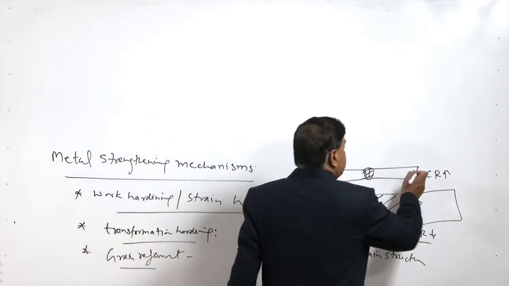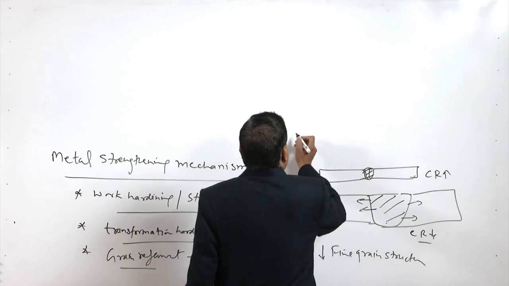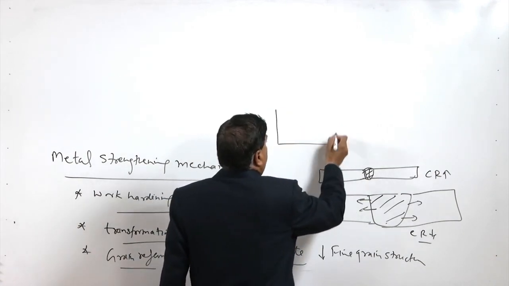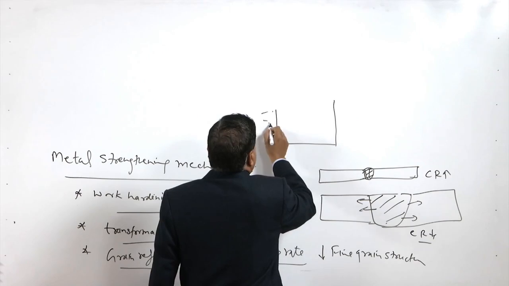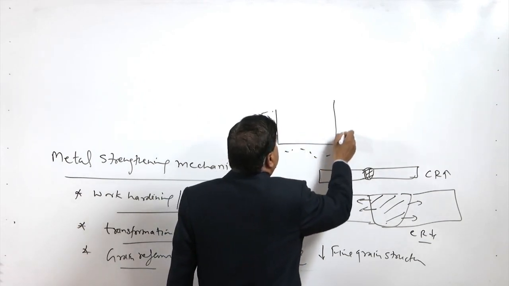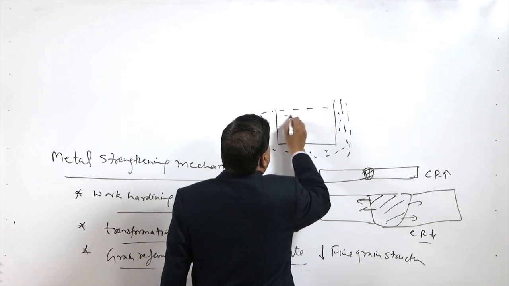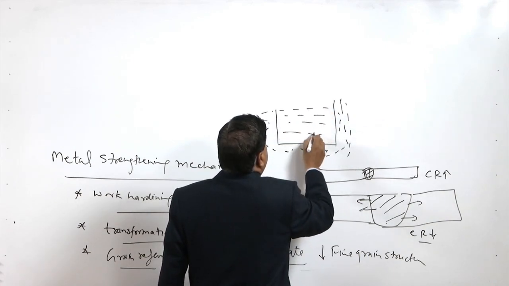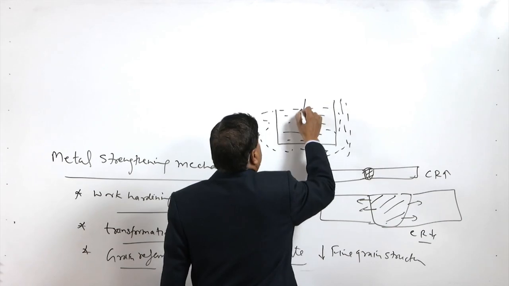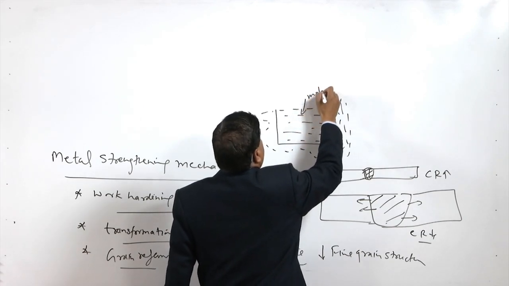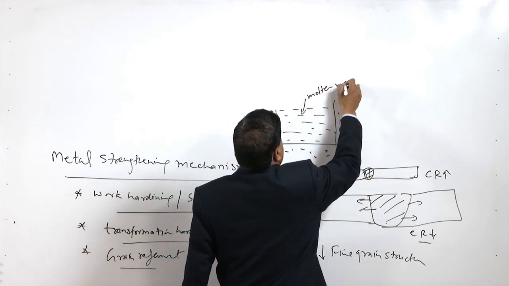And similarly, similar can be the case for the sand mold castings, like the sand being of the low thermal conductivity, it transfers the heat from the molten metal slowly. So, this is the mold and this is the molten metal.